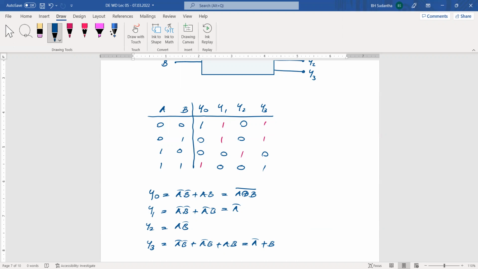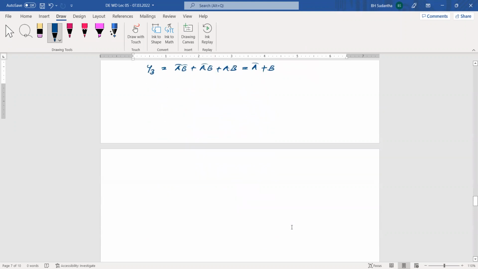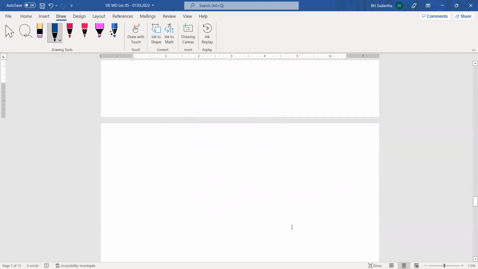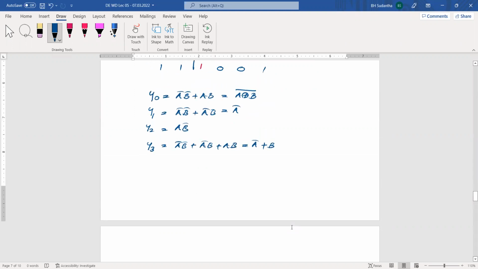Then we can draw the circuit for these minimized equations. This is a non-standard decoder, and many non-standard decoder types are there. For example, binary to decimal decoder, binary to gray decoder, and BCD to 7-segment decoder. Like that, many non-standard decoder types are available.